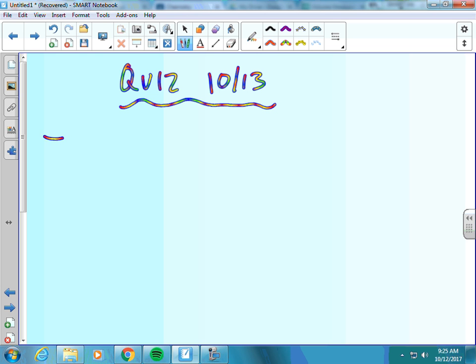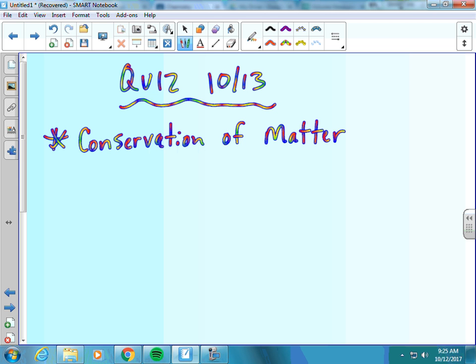But one of the biggies was talking about conservation of matter. And so we did this stations lab. We did all these different stations where we were checking out these changes, trying to figure out what's going on.